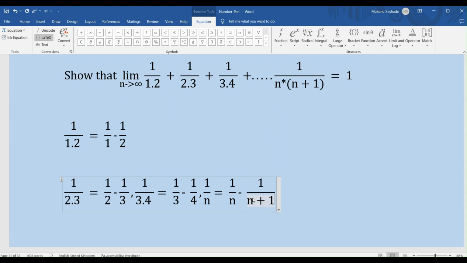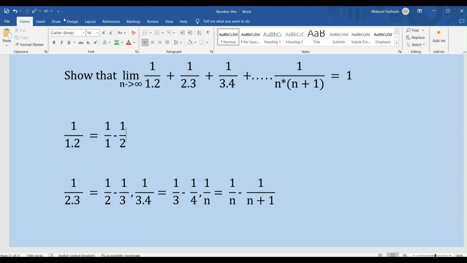So any term in this series can be represented as 1 by n minus 1 by n plus 1. For example, when n equals 1, we have the first term, which is 1 minus 1 by 2.